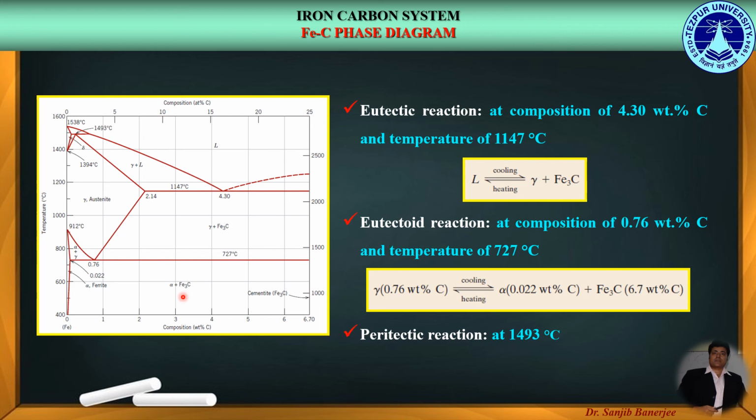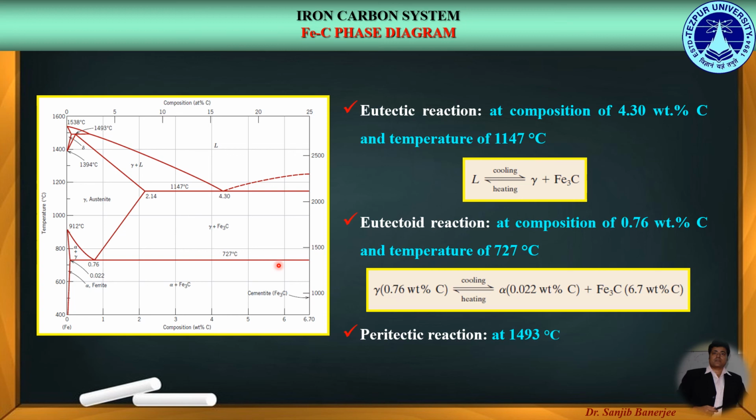Now, after the eutectoid reaction, by means of lever rule, we get the compositions of alpha as 0.022 weight percent of carbon and the composition of cementite to be 6.7 weight percent of carbon. So we get separate compositions of ferrite and cementite phases by means of lever rule.